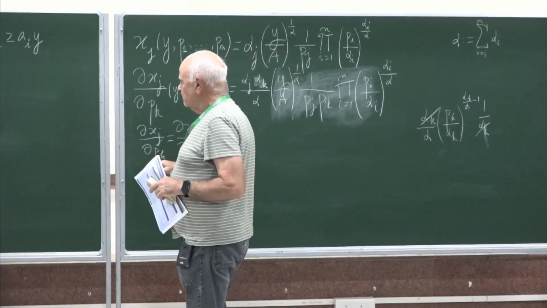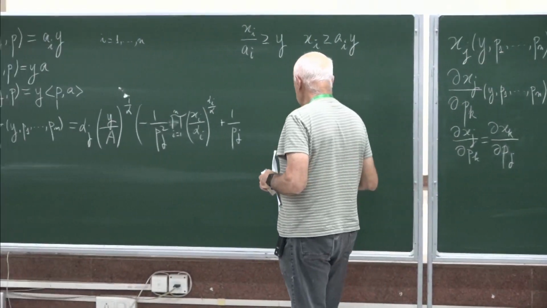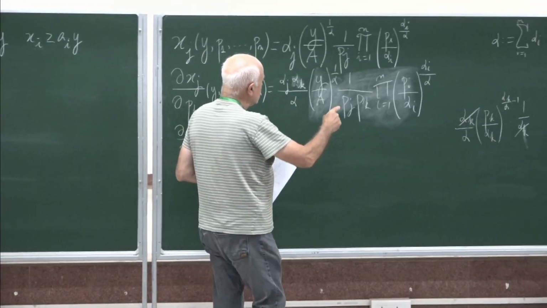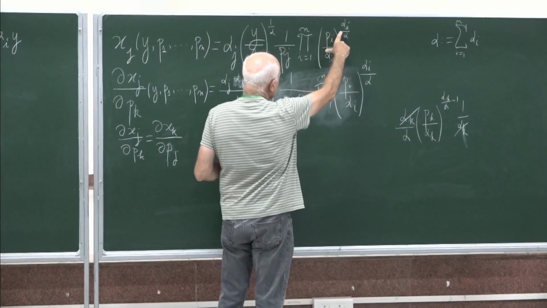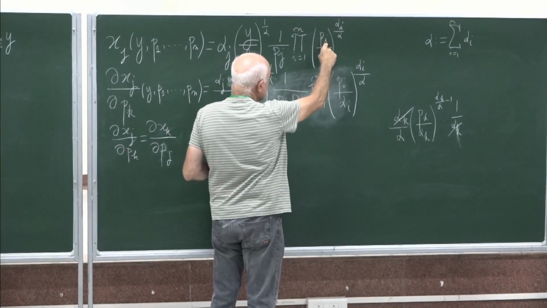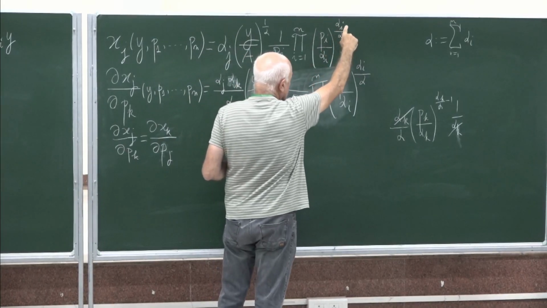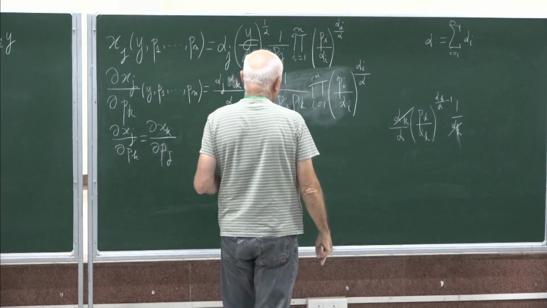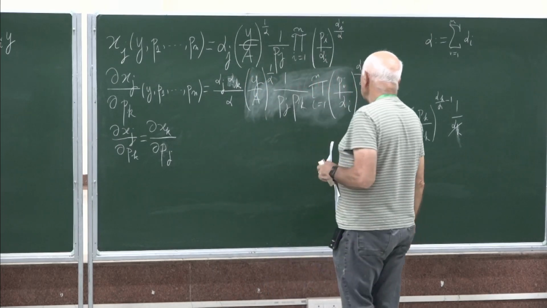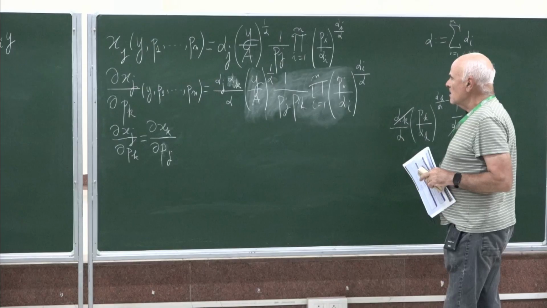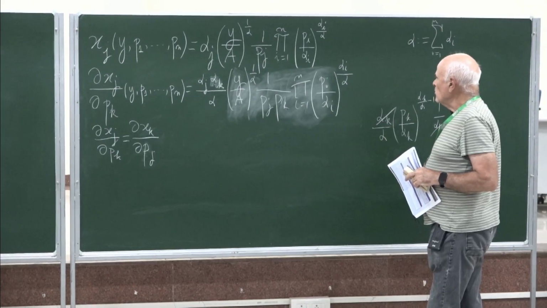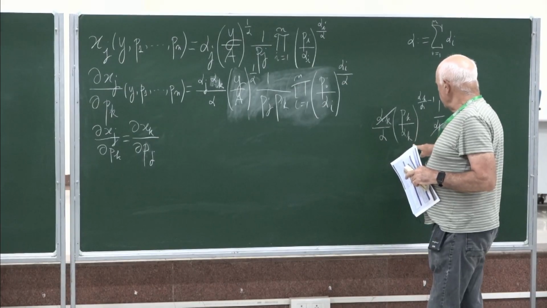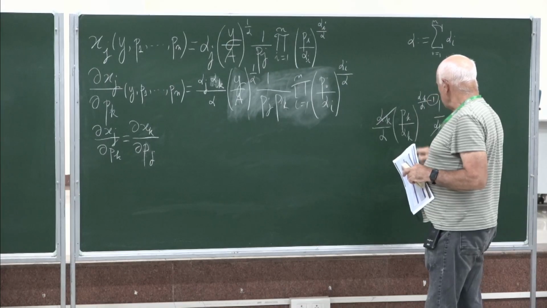1 over alpha, but then, when taking the derivative of the j factor here, I will get alpha_j divided by alpha, and this will be dividing thanks to this factor minus 1.